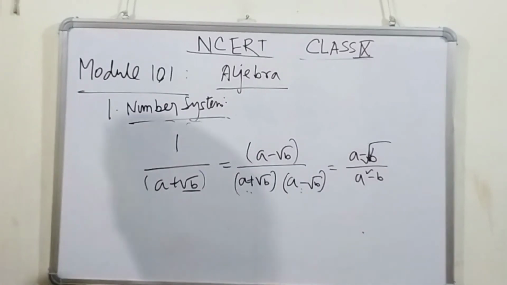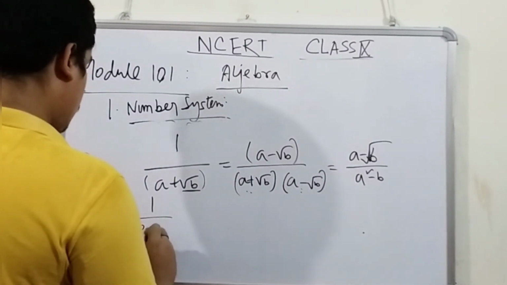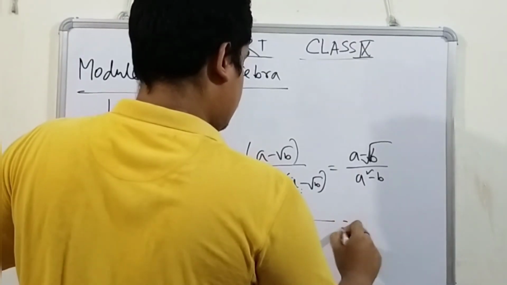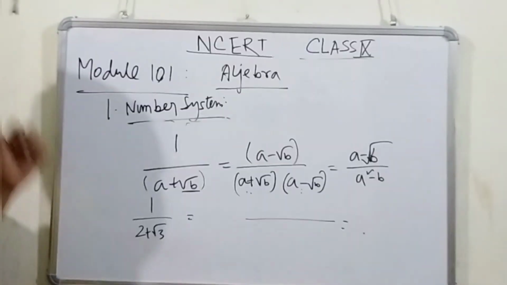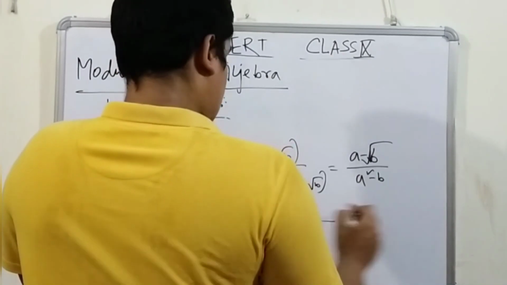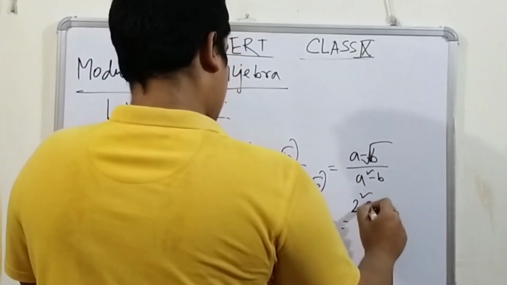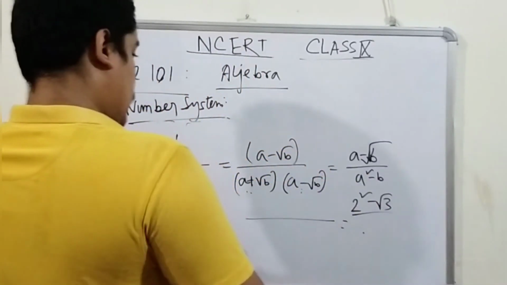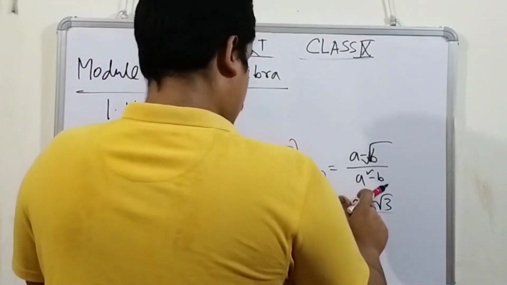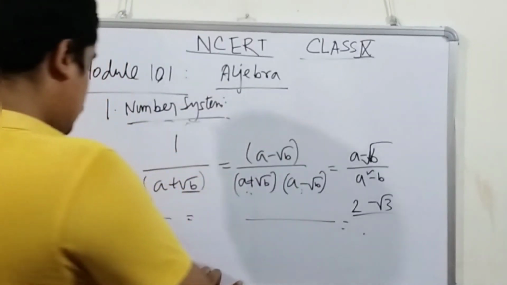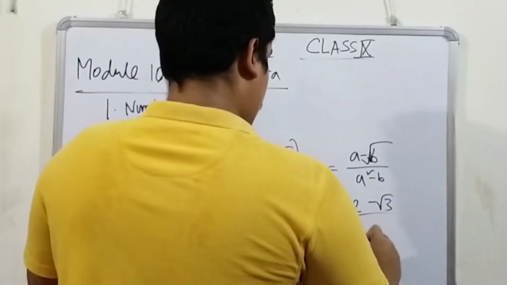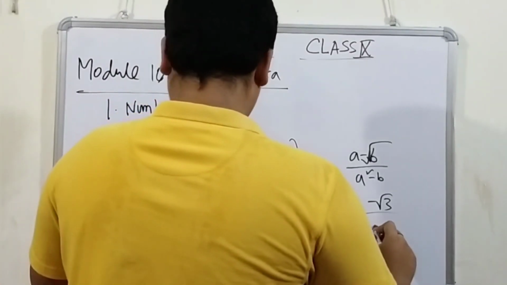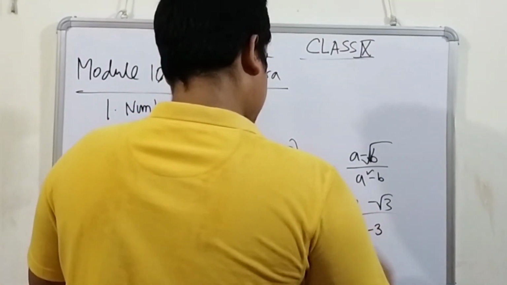For example, if I take 1 by 2 plus root 3, what will be the value here? 1 by 2 plus root 3. So it is the square of 2 minus root 3 by the square of 2, not square of 2, it's 2 only, by square of 2, so 4 minus again 3.